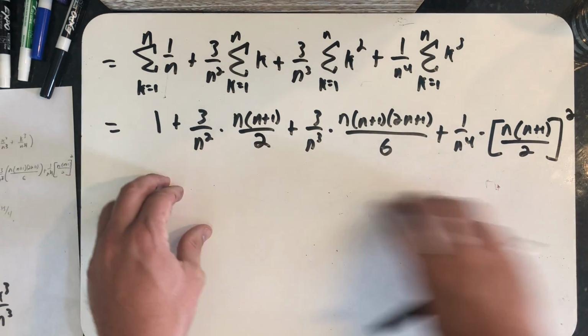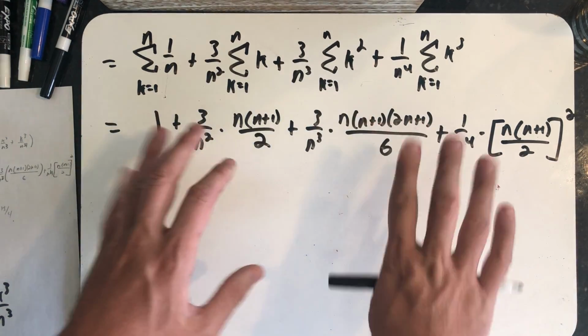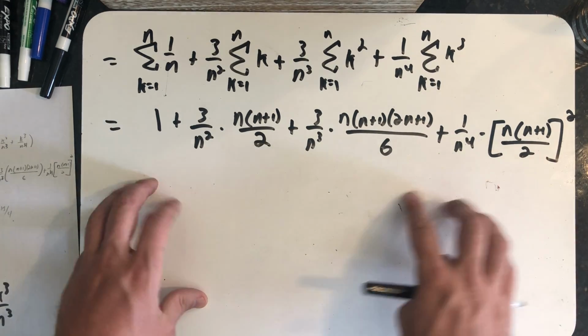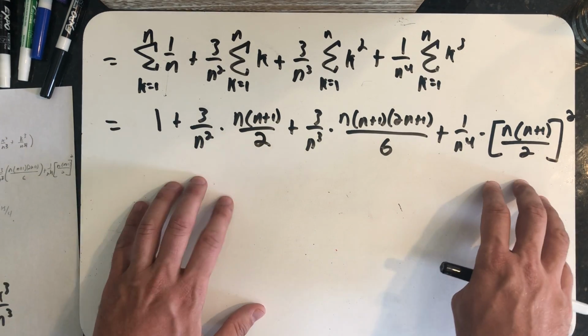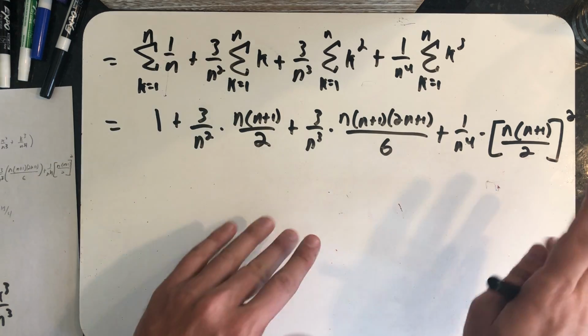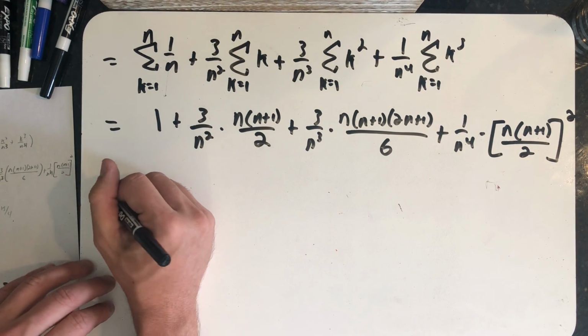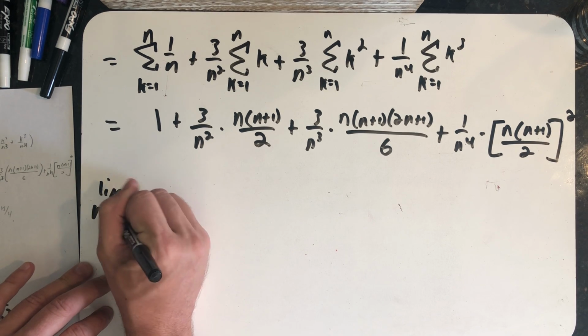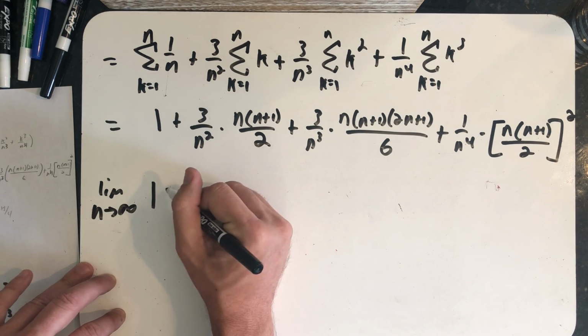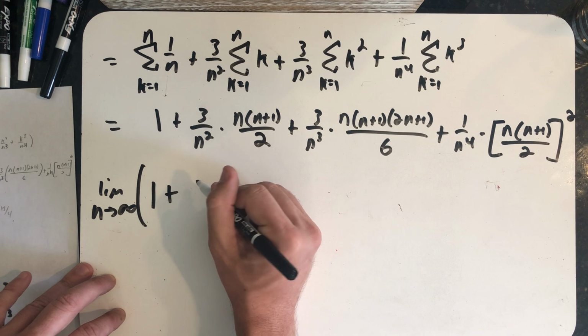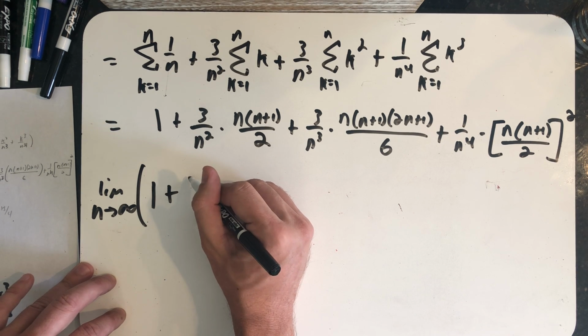And so I'm able to use everything I know about sums, and I have this very long formula in terms of the variable n. We could simplify this into its simplest form, but I'm only trying to take a limit as n approaches infinity of that statement. So I'm not even going to worry about simplifying it.